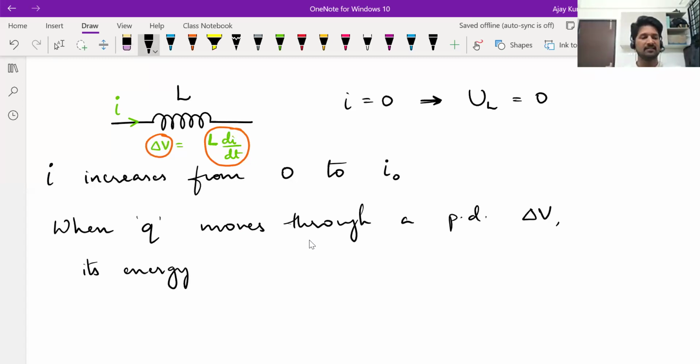Or how much change in potential energy does it undergo? We had discussed this many times. We discussed this in the chapter potential and capacitance. We discussed it in the last chapter also, before chapter, moving charges and magnetism. When a charge is accelerated through a potential difference, how do you calculate energy of the charge?